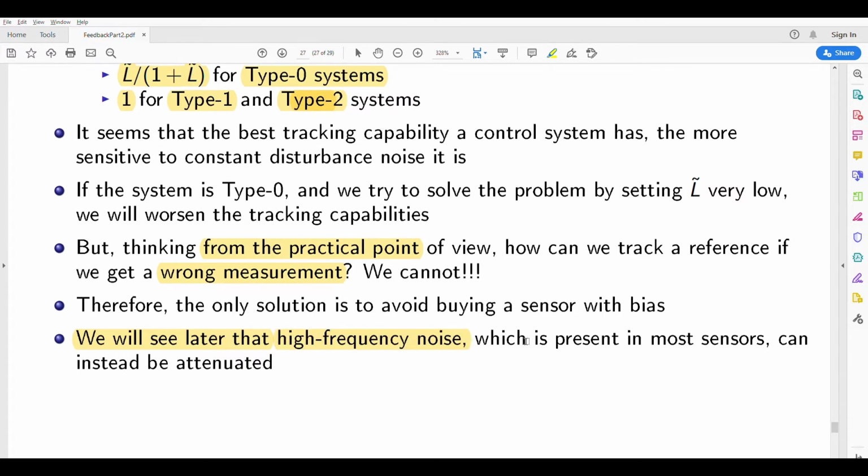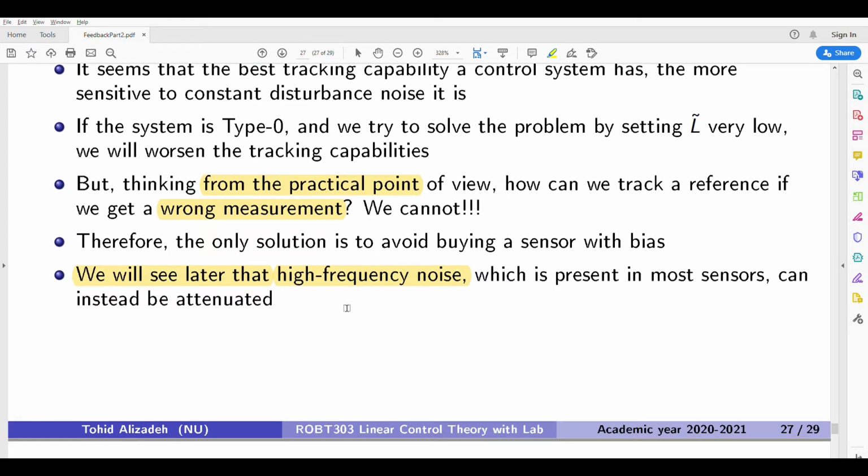So when we talk about dealing with the sensor noise or attenuation of the sensor noise, we will mostly deal with the high frequency noise signals. And later we will see that these high frequency noise signals could be attenuated by our control system. So we will not deal with the low frequency noise signals such as step input.